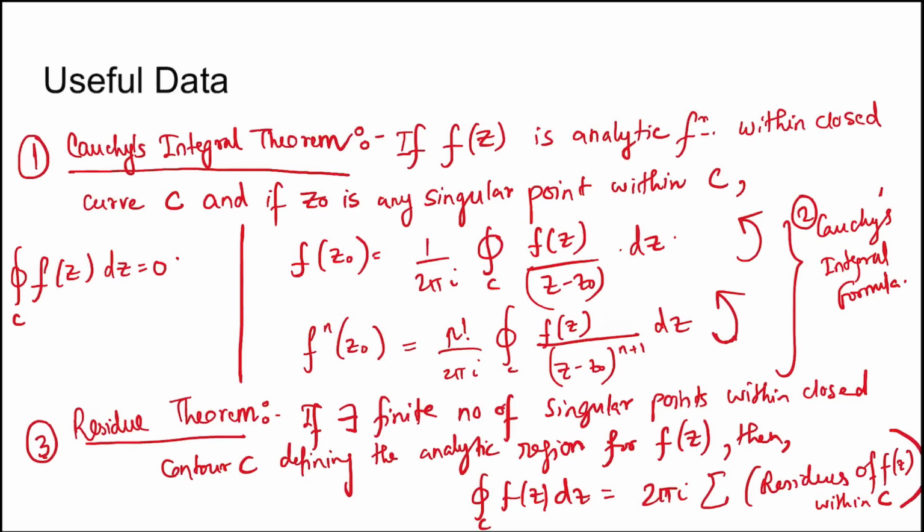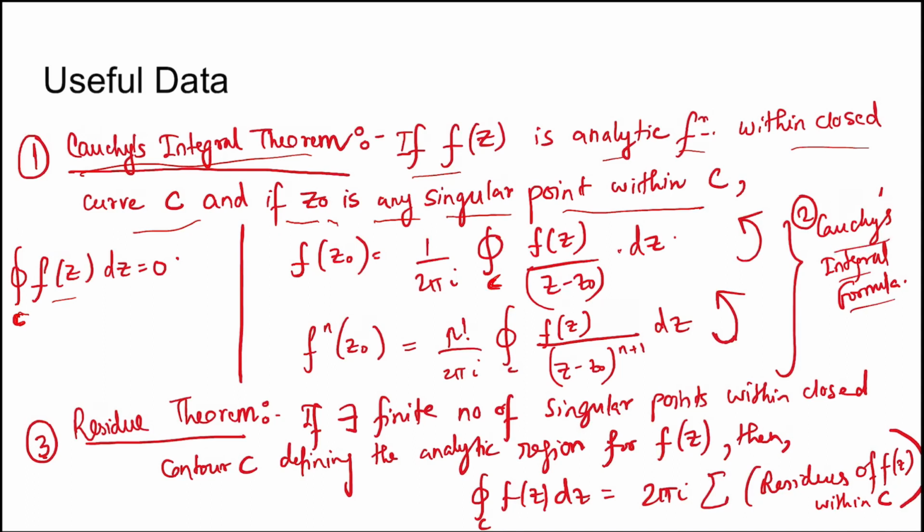For useful data, you need to know the Cauchy's integral theorem, which states that if f of z is an analytic function within closed curve C, then the closed integration over this path C of f of z dz is 0, and if there exists z naught, which is a singular point within C, then f of z naught is 1 by 2 pi I closed loop integration over the region C of f of z by z minus z naught dz.